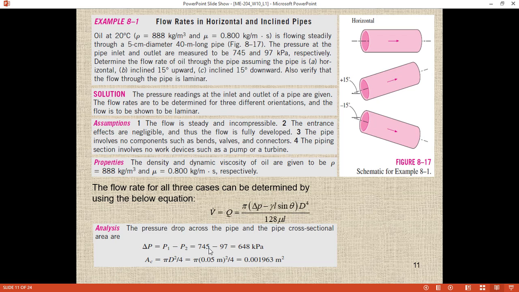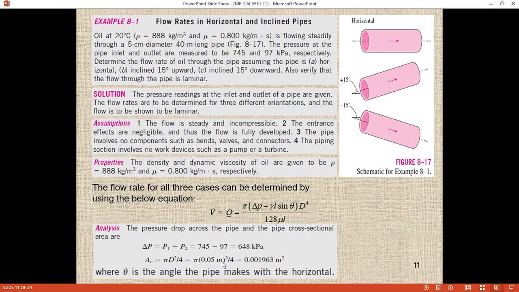The pressure is dropped due to the viscous effect from 745 kilopascal to 97 kilopascal. It is reduced because of the friction losses in the pipe, basically due to the surface roughness. And this is the cross section area of the pipe.